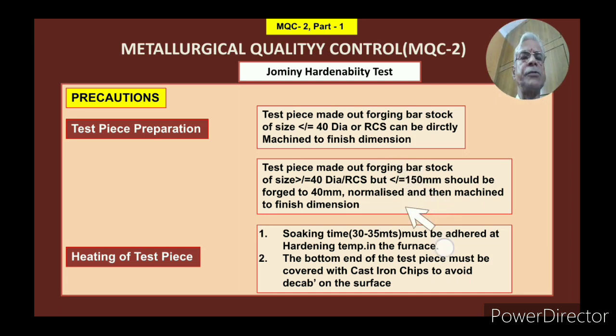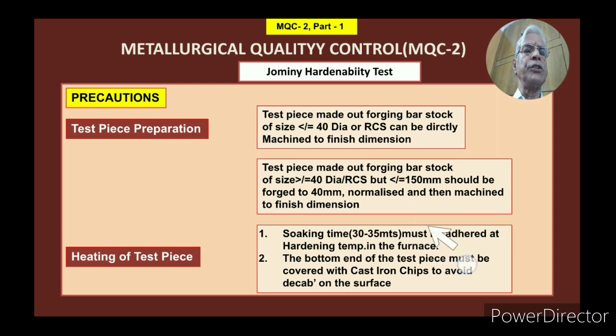Then heating of the test piece is generally done in these muffle furnaces, which I have shown earlier. Soaking time, for how long it will be soaked, will be 30 to 35 minutes, which must be adhered to at hardening temperature in the furnace. This hardening temperature varies for different types; for plain carbon steel it will be different, and for alloy steel it will be different.